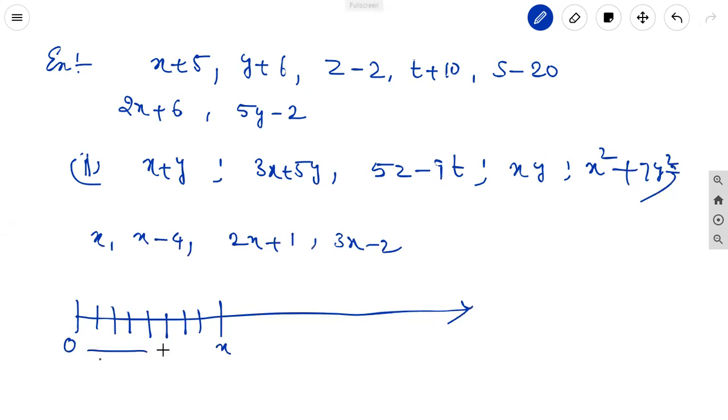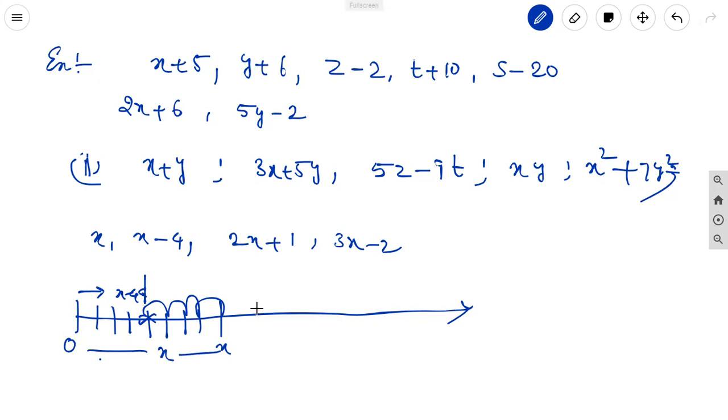Suppose we are taking 8 units of distance as x. And x minus 4 means 1 unit, 2 unit, 3 unit, 4 unit. This is x minus 4.